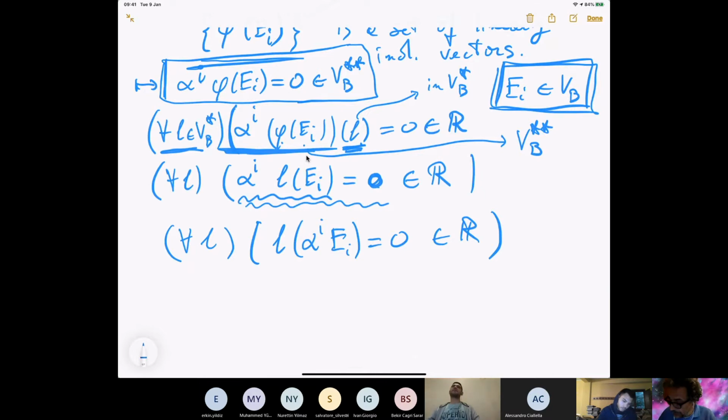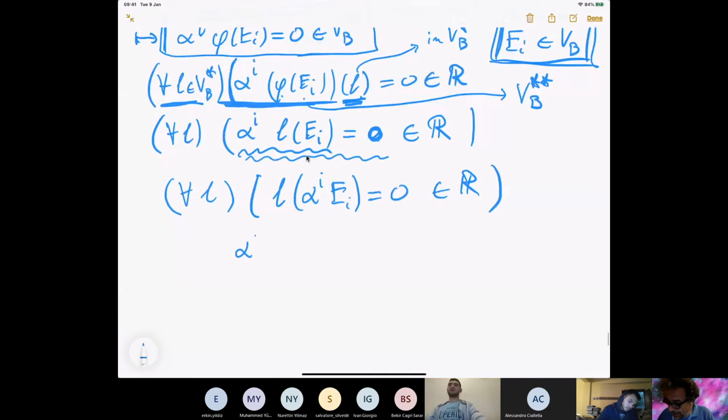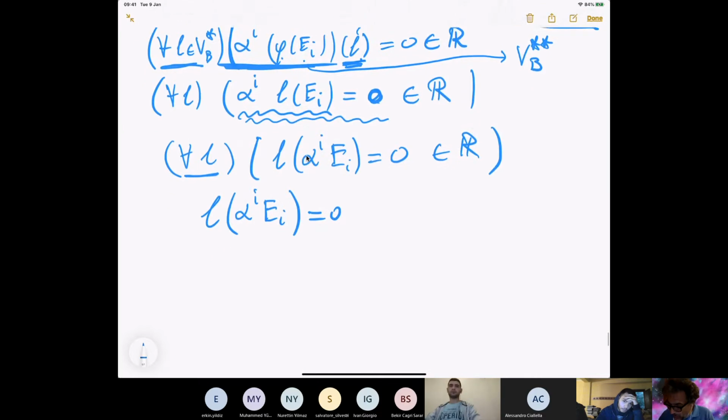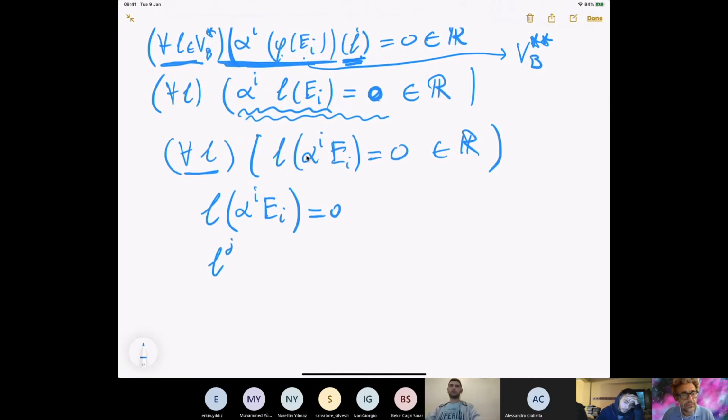So now I have alpha i e_i, a linear combination of the vectors in the basis, which are such that for every L, this is equal to 0. Okay? So in particular, I can choose L_j. What is L_j?